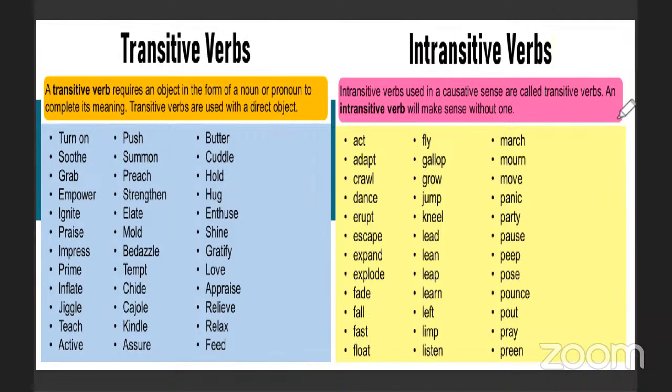Turn on, act. Elijo turn on y act. Okay, thank you. So turn on.